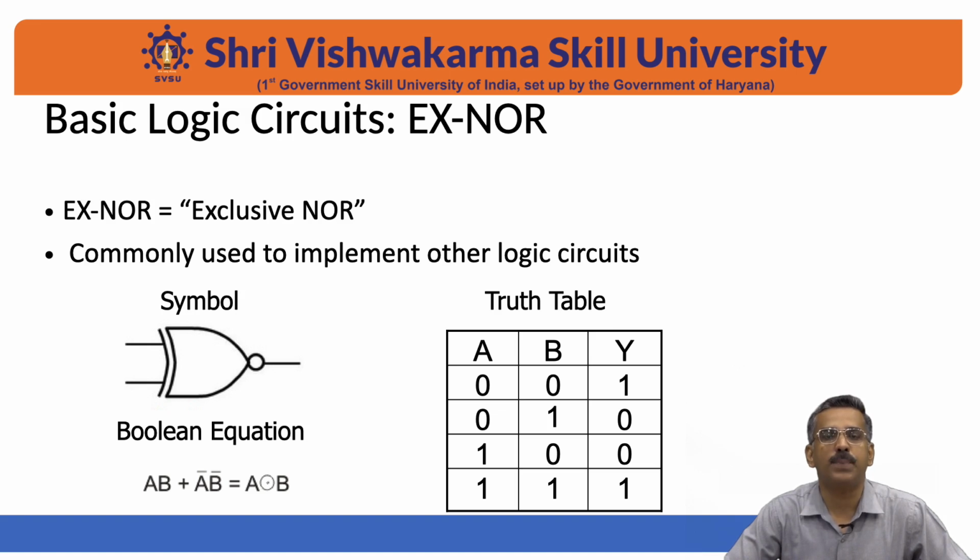We can also represent it with a dot within the circle, that is A dot in the circle into B.